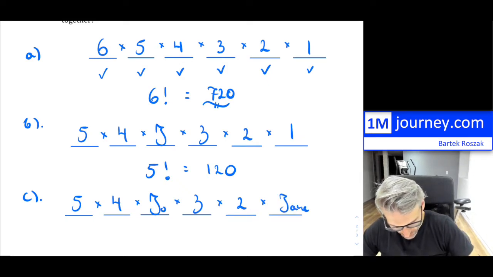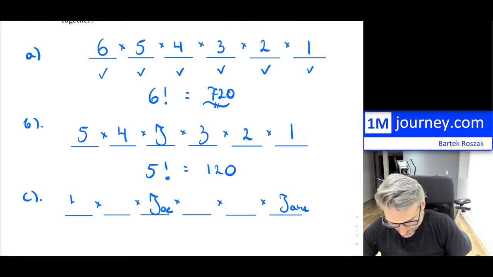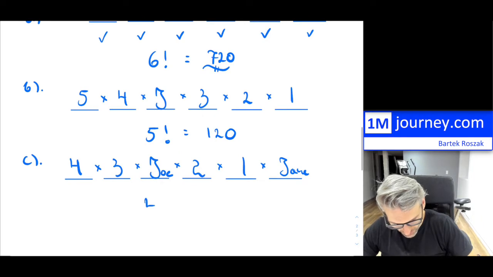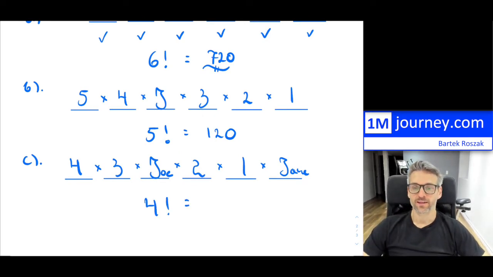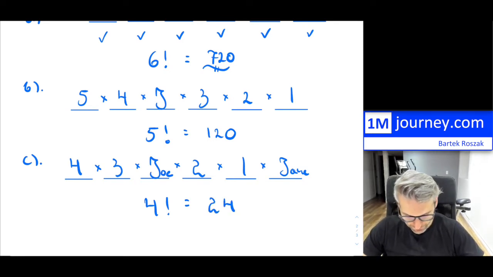So this is Joe and Jane, and that now only leaves 4 other people to choose from. So 4, 3, then 2, and 1. So this would have been 4 factorial, so I guess that's 24. 4 times 3 is 12, 12 times 2 is 24. So that's the number of ways.